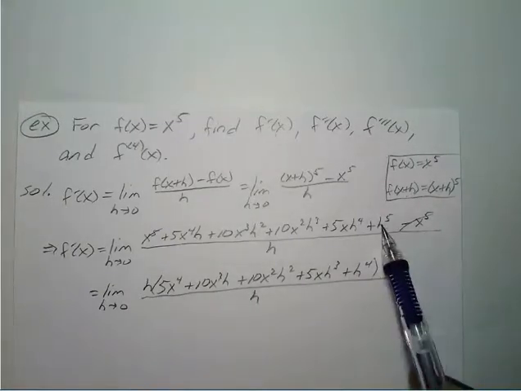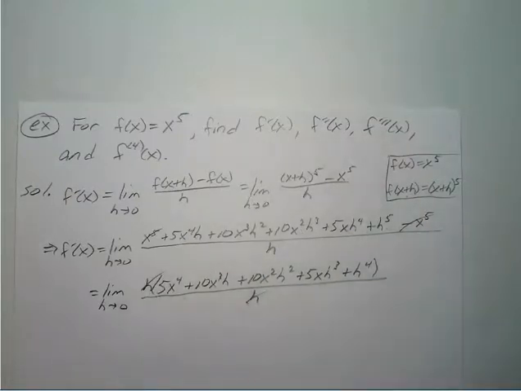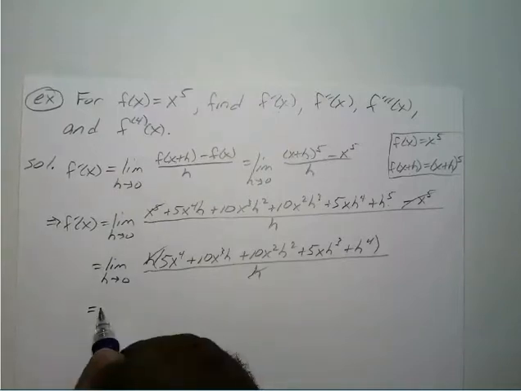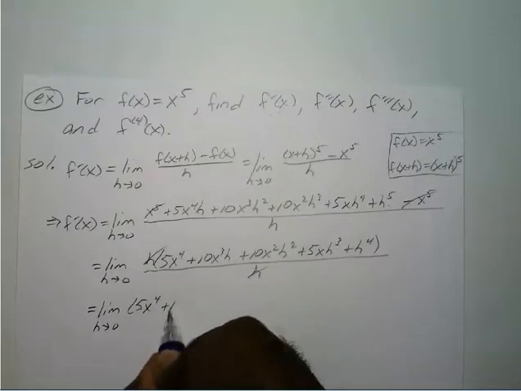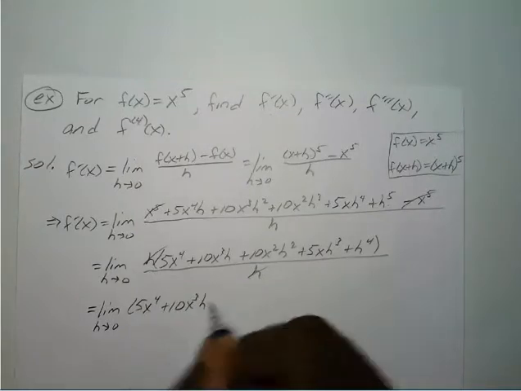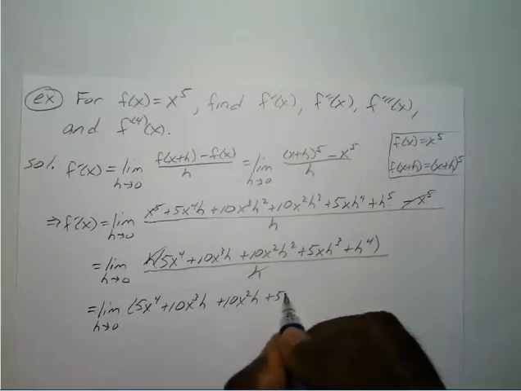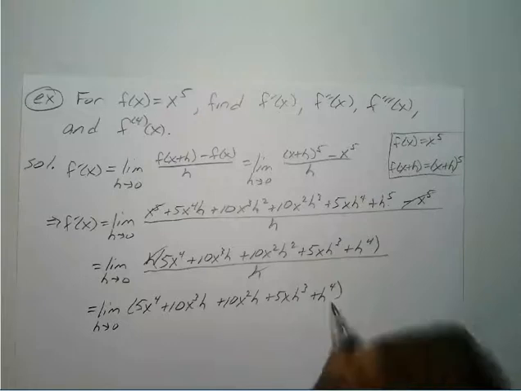By factoring an h out of each one of those terms, these two will cancel each other out. So we're just left with the limit as h approaches 0 of 5x to the fourth plus 10x to the third h plus 10x squared h plus 5xh to the third plus h to the fourth.